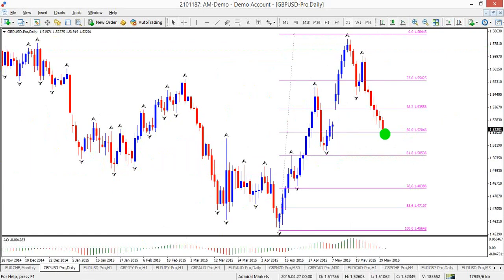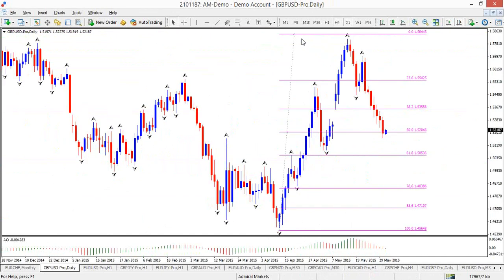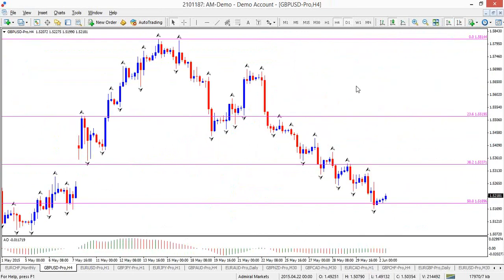Pound dollar. So pound is at a break or bounce spot as well at this 50 fib. Last week it stopped at the 38.2 fib, broke below it, hooked back to it, then used it as resistance and fell down to the 50.